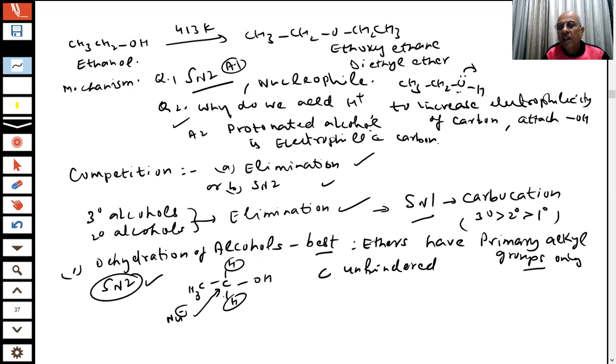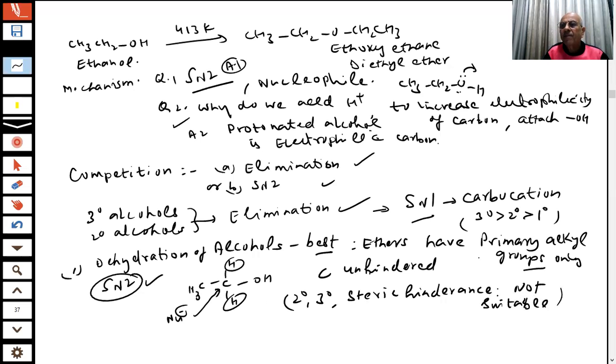There will be steric hindrance. For 2-degree and 3-degree there will be a lot of steric hindrance, so this will not be suitable for 2-degree and 3-degree, and is best suitable for primary alkyl groups.